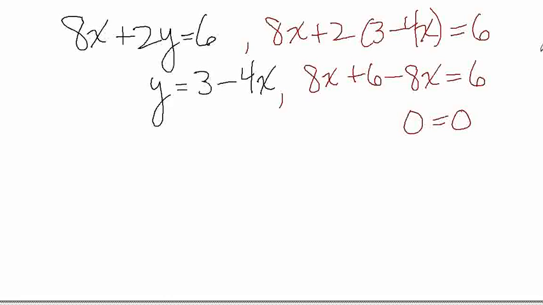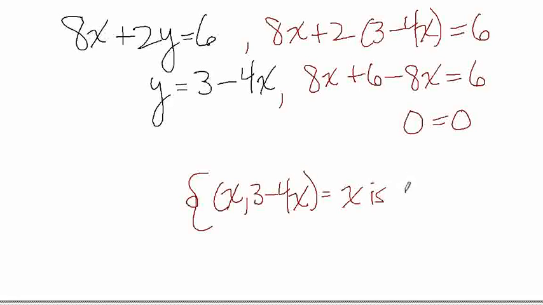Well, whatever the x value is, the y value has to be equal to 3 minus 4x. That's what the second black equation says. So the solution for this system is the set of all points (x, 3 minus 4x), where x is any value.